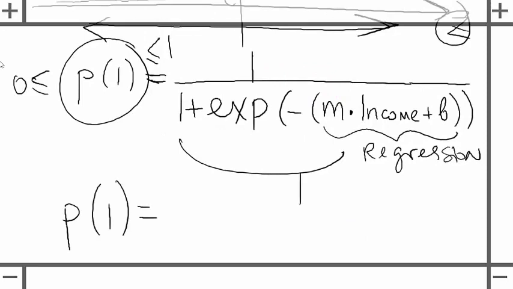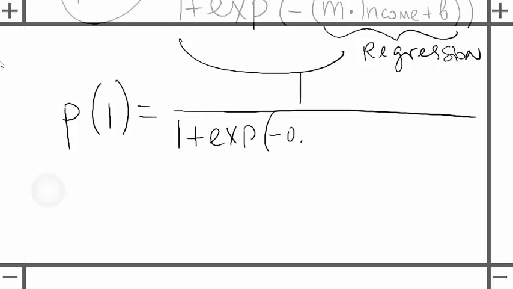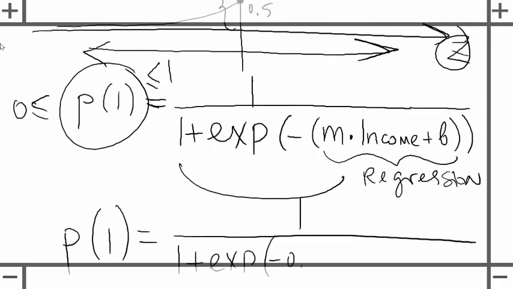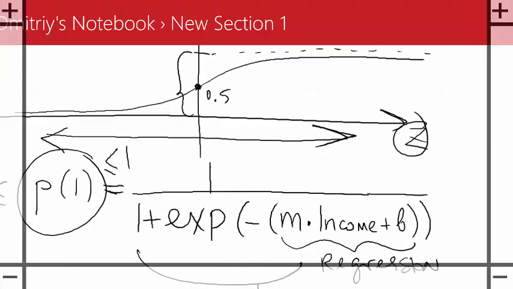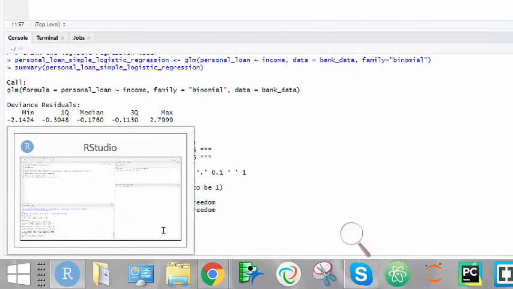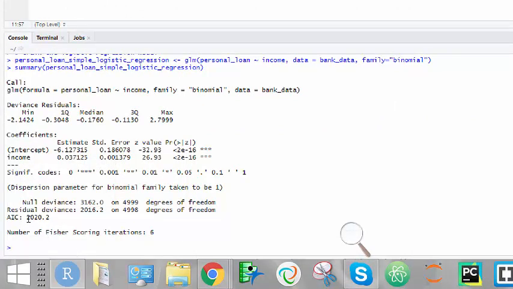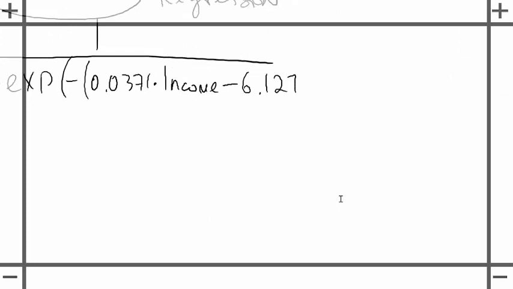P of 1 equals 1 divided by 1 plus exp of minus 0.0371 times income, and minus 6.1273.